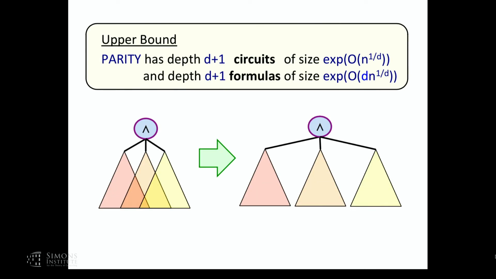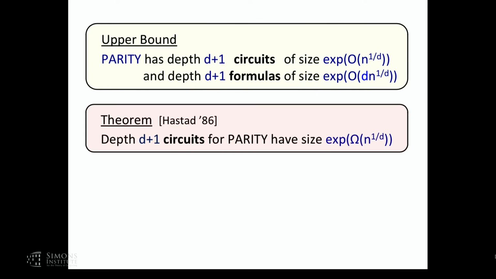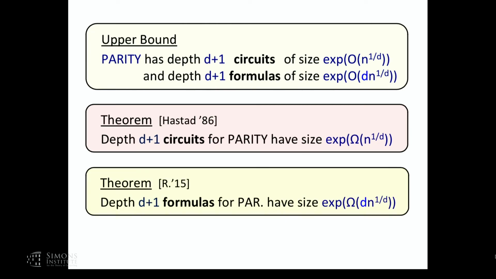And if we simply take these circuits and convert them to formulas in the naive way, replacing whenever you have overlapping subcircuits with disjoint subformulas, and do this repeatedly, your circuits of size exponential in n to the 1 over d blow up to formulas of size exponential in d times n to the 1 over d. So we have this matching lower bound for circuits.